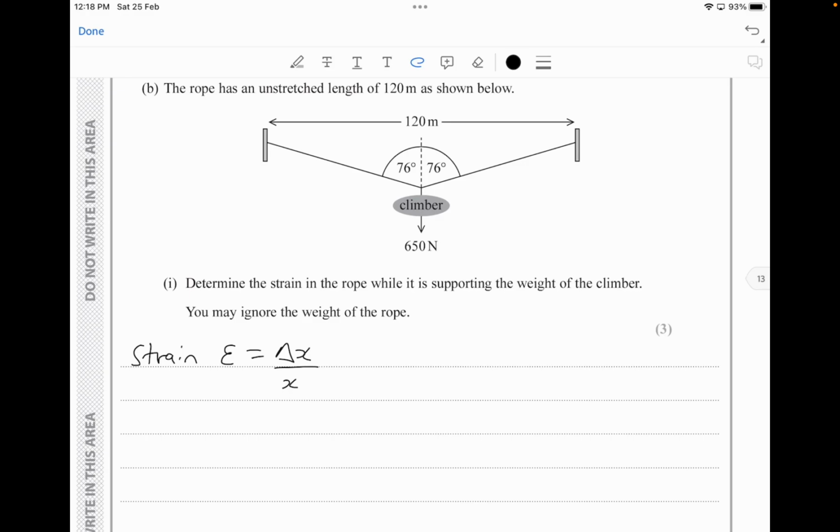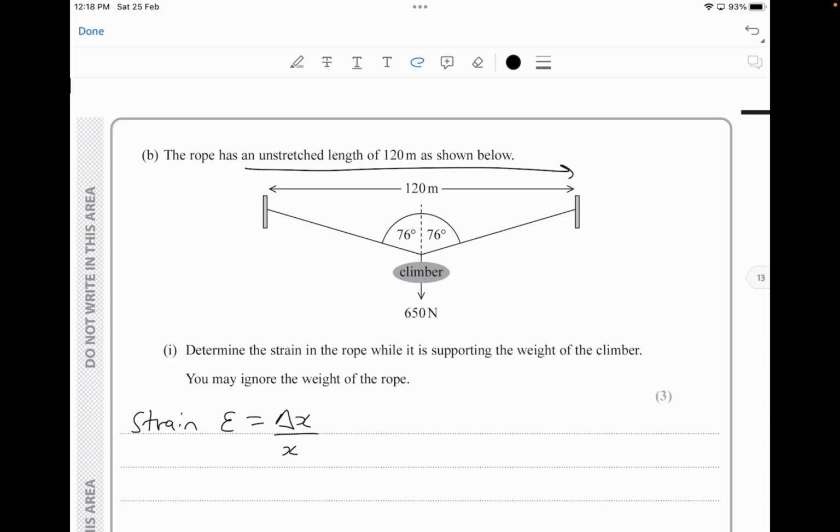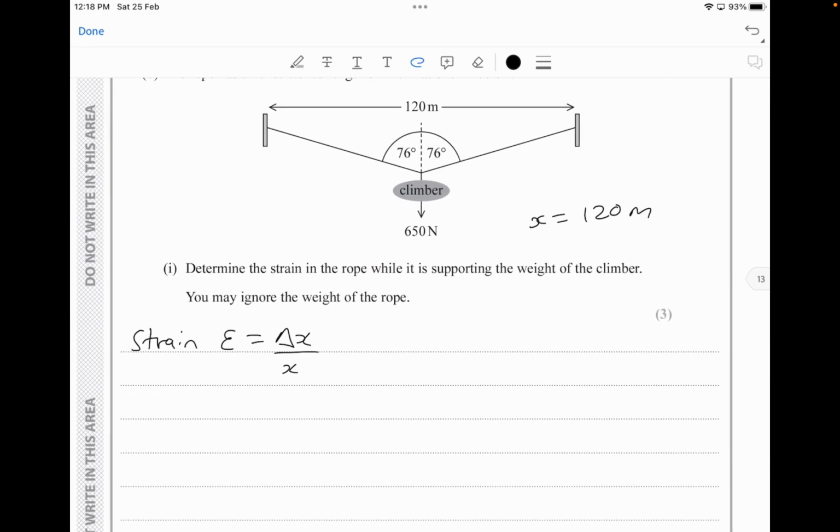Since we have to divide it by 2, we have to rearrange this in a way that we understand that the total unstretched length, which is the original x, is 120 meters. So we're going to have x plus the change in x, divided by 2, equivalent to 60 meters.